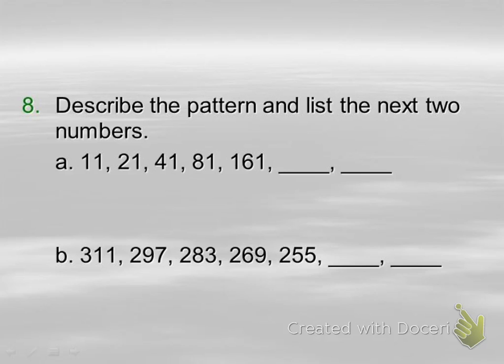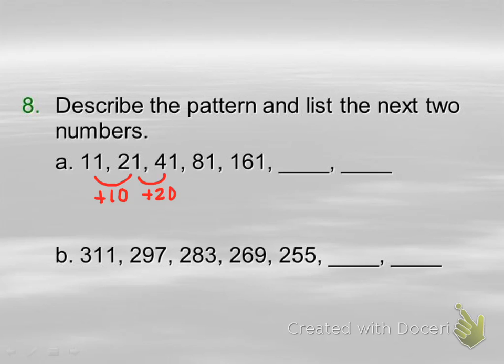Yes. Okay, so it looked like... It might be nice to go one at a time. What happened here? It went up 10. What happened here? It went up 20.